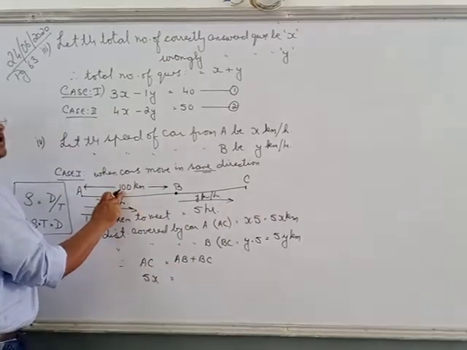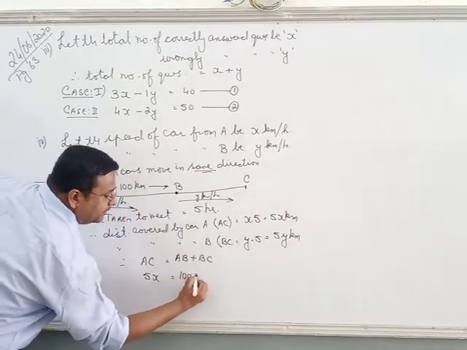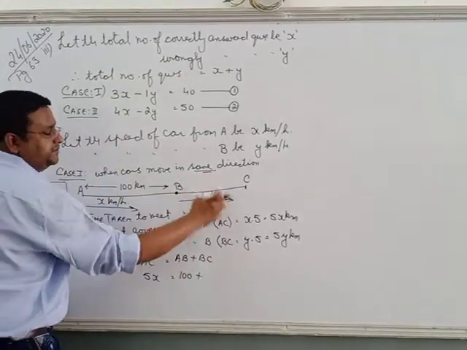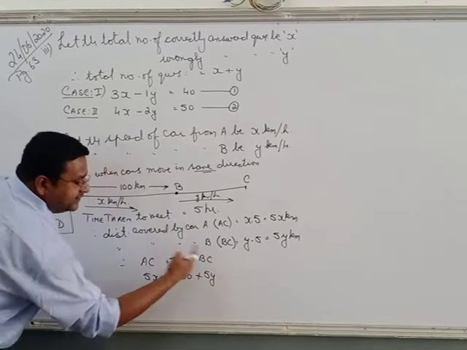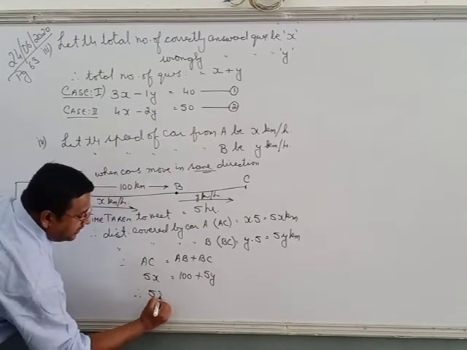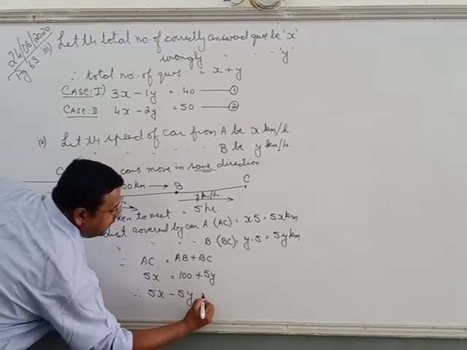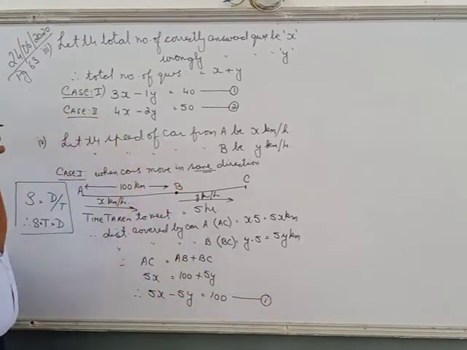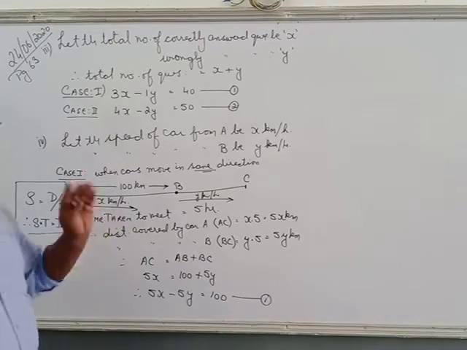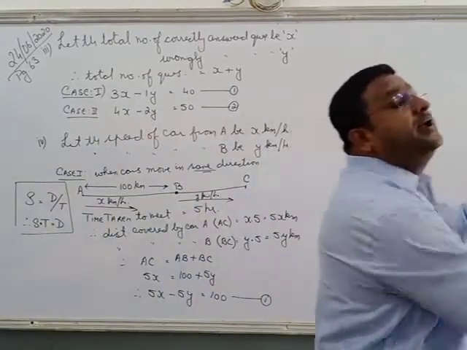What is the distance? 100 plus BC. How much is BC? 5y. So we can bring this 5y over here. My equation becomes 5x minus 5y is equal to 100. Equation number one. This was the condition when both the cars were moving in the same direction.